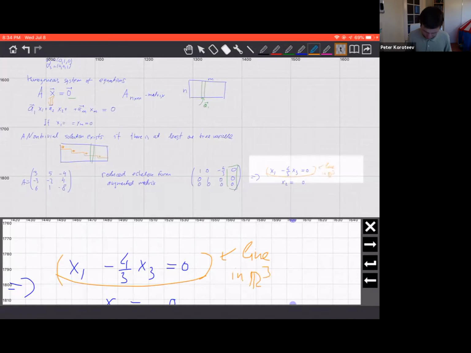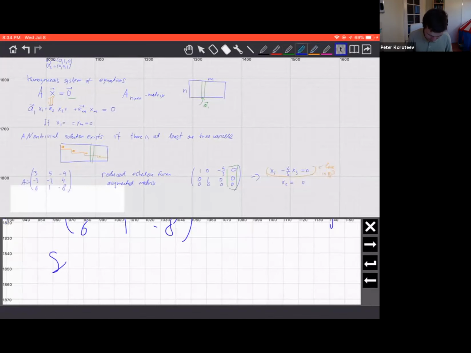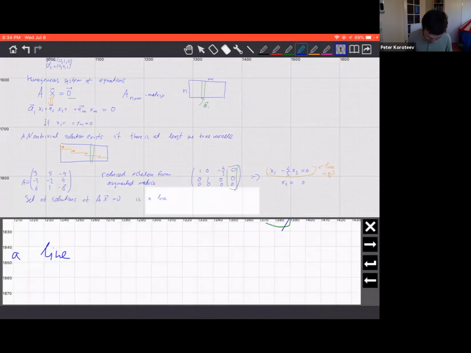So therefore, you can say that the set of solutions of this equation, so if A is this matrix, then the set of solutions AX equals 0 for this matrix A above is a line.